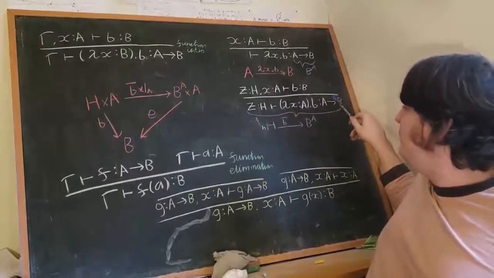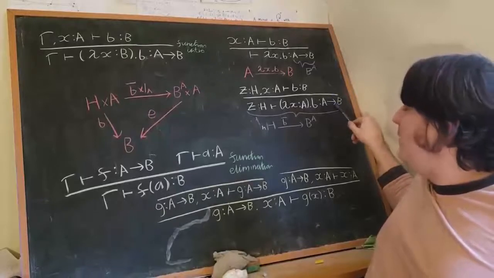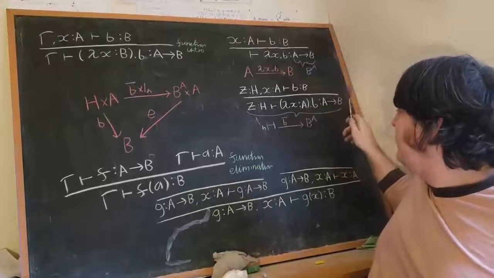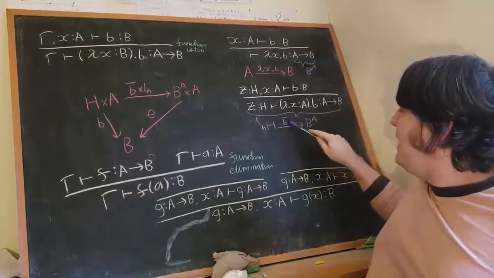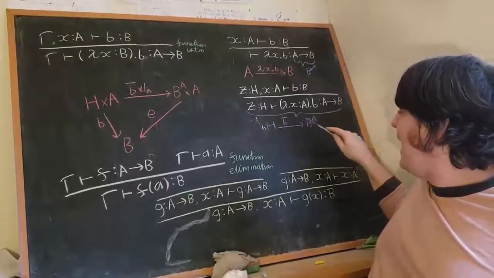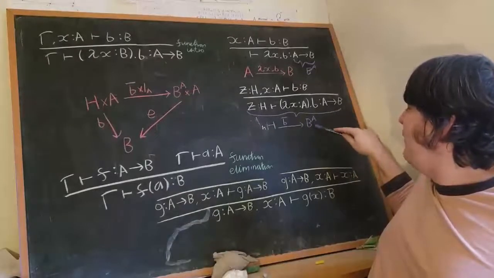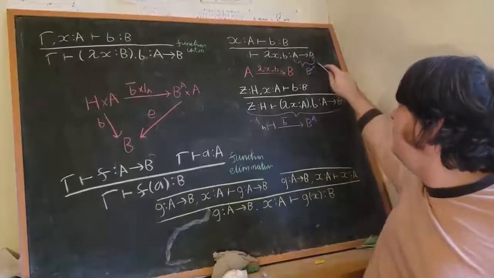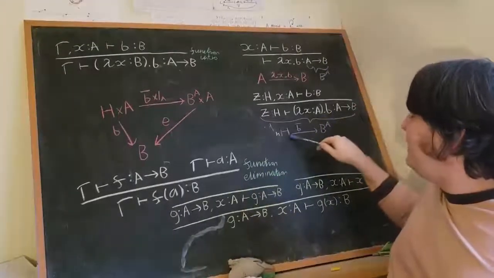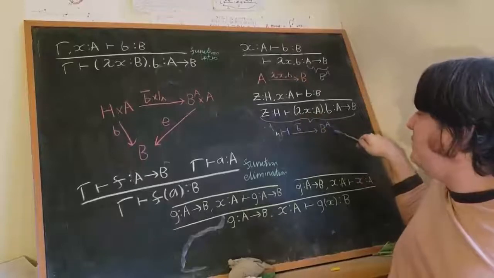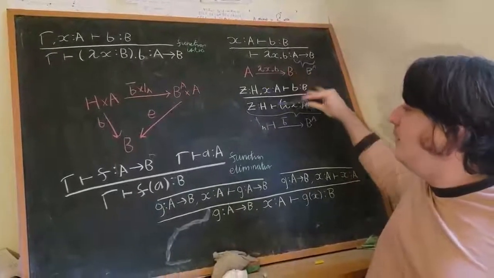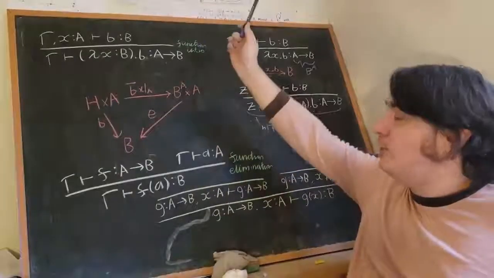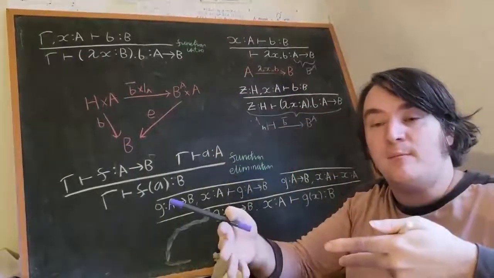That's going to be a function from A to B, and it may depend on this value z of type H. So b bar here, this thing is really telling us that we have this value of type A arrow B, or we write it as B to the power of A, it's just another notation for the same thing, and it may depend on this value z of type H. So this is really formalizing our idea of transposition. So okay, that's function introduction. That's how we can make a function, essentially.